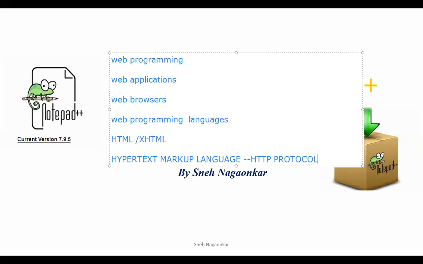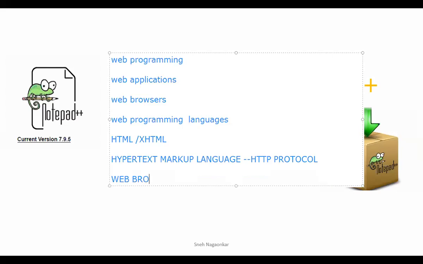We had already seen what the HTTP protocol is. This protocol is used by web browsers when we want to run web applications, when we want to open any web applications or websites.